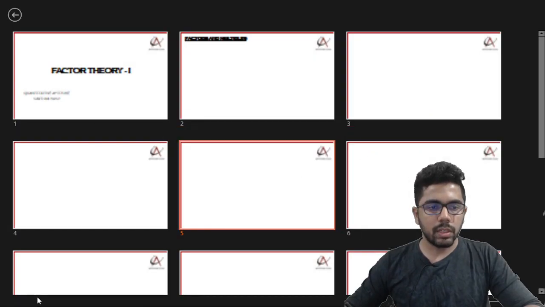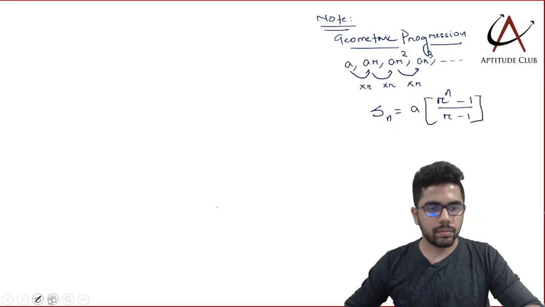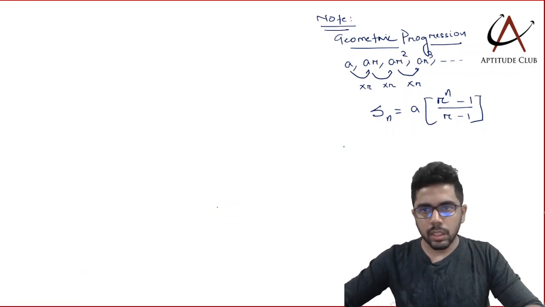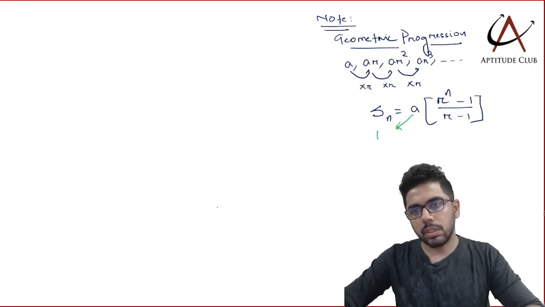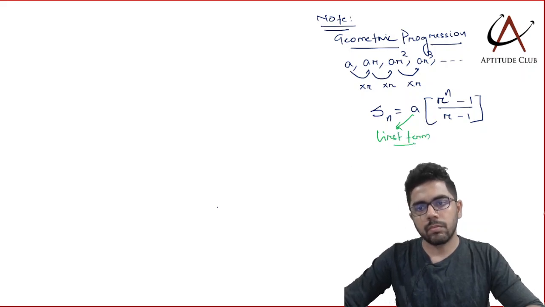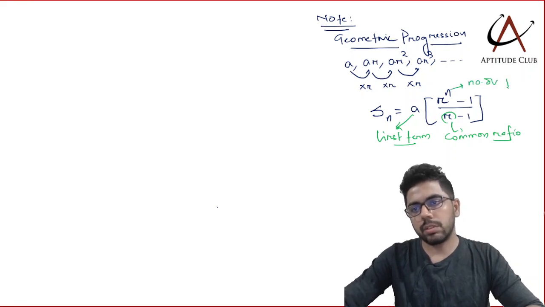This is how you calculate the sum of the geometric progression. Here a is the first term of the geometric progression, r is the common ratio, and n is the number of terms in the progression.